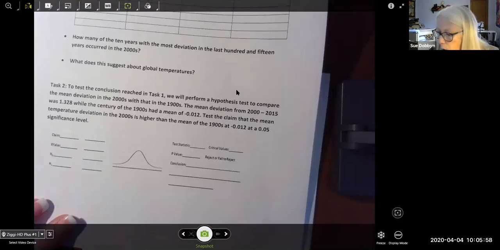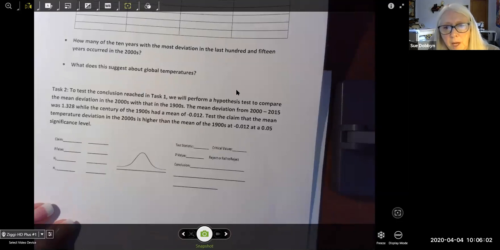We can perform a hypothesis test to compare the deviation in the 2000s with the deviation in the 1900s. So what we're doing is we're comparing the deviation in the last 15 years. This data only goes through 2015. We're comparing that with the deviation in the entire century of the 1900s.